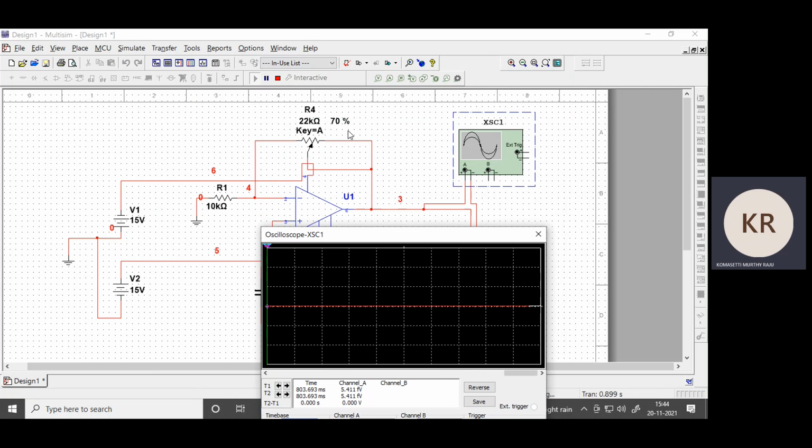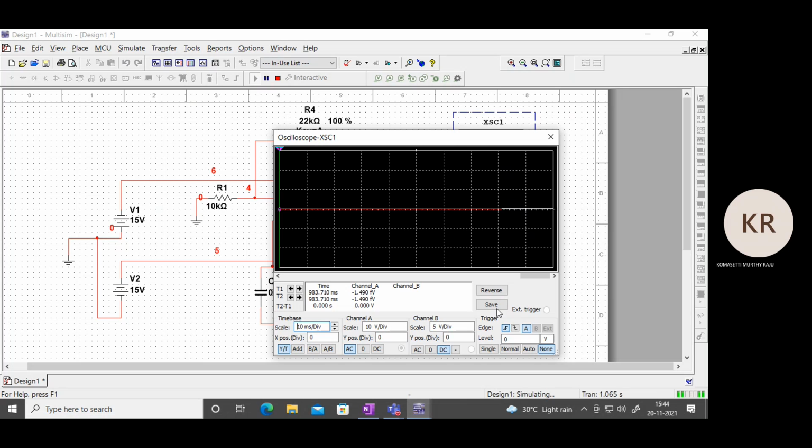By changing this value up to 90, placed in the auto position.